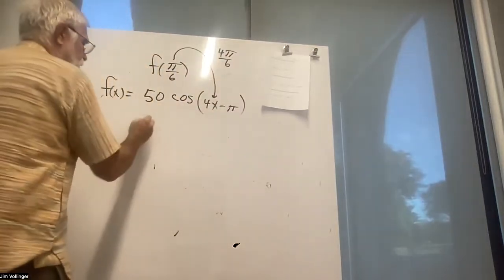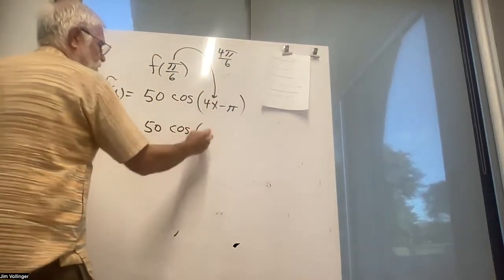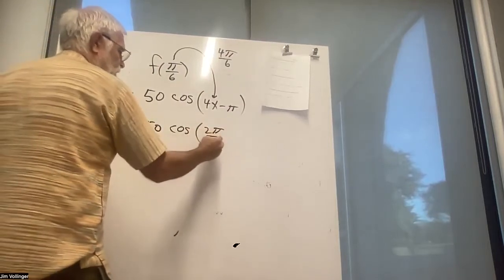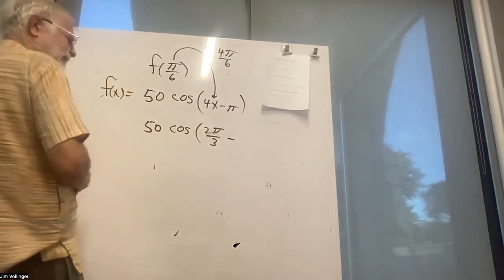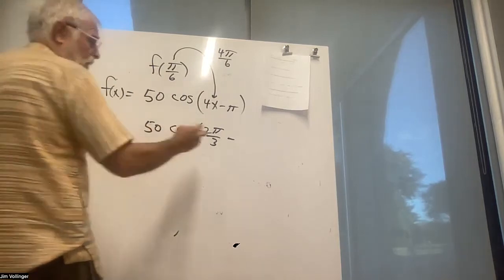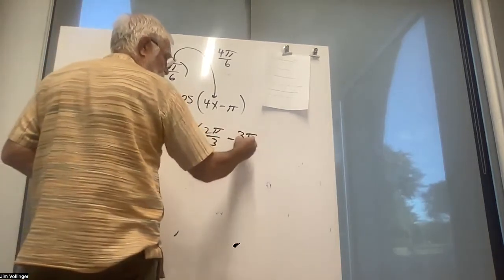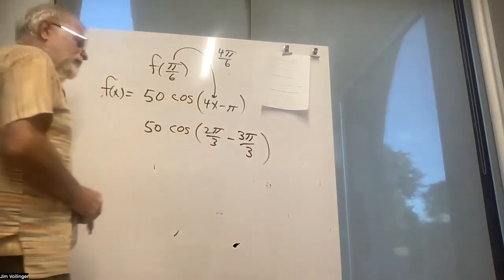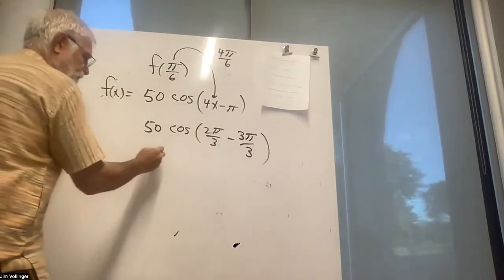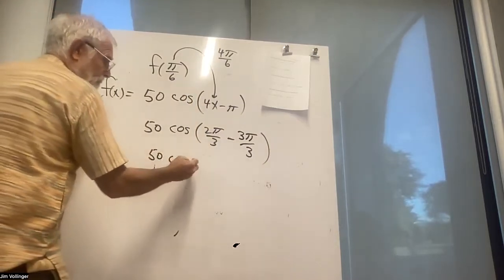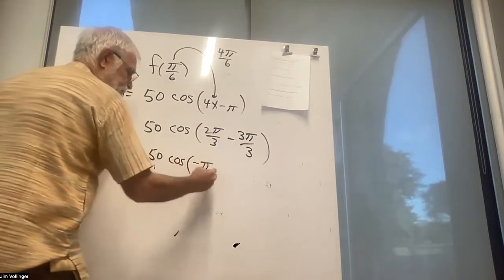So we have 50 cosine of 2 pi over 3 minus pi. That pi's not divided by 3, but I can multiply it by 3 and then divide it by 3. So that's 50 cosine of minus pi over 3.